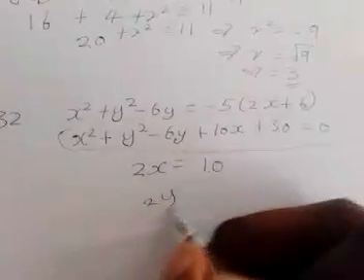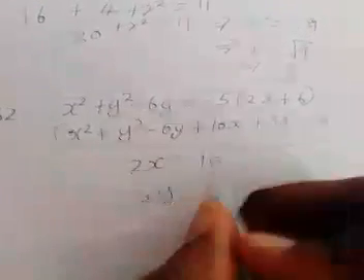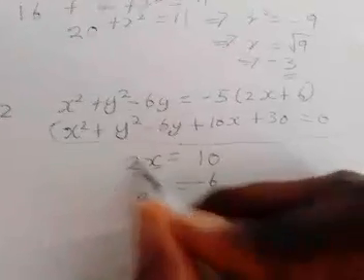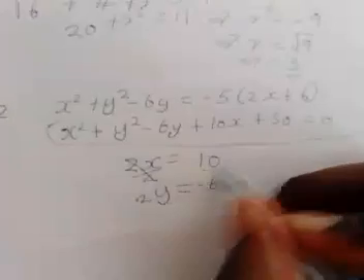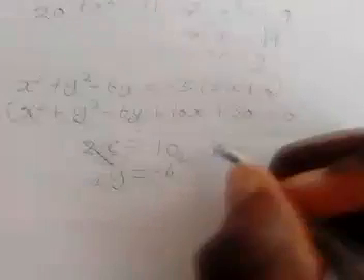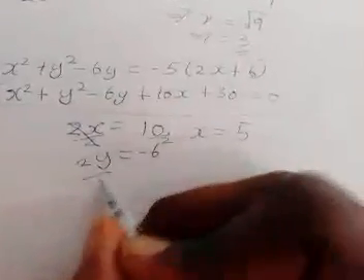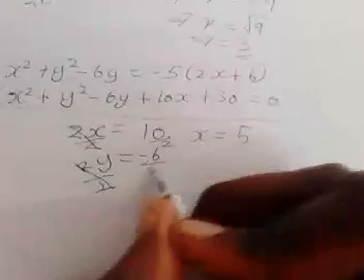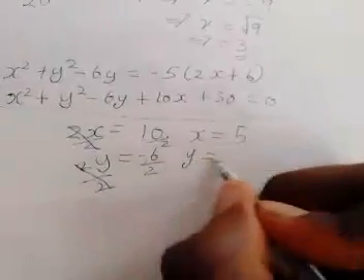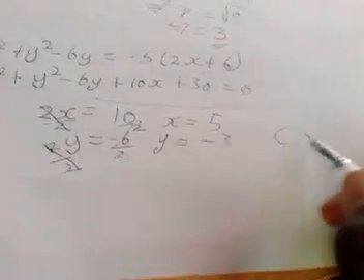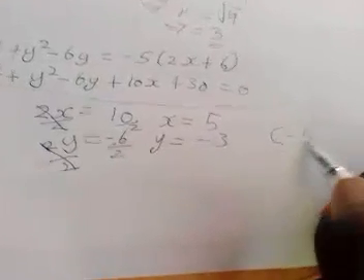And 2y, the coefficient of y is negative 6. So dividing both sides by 2 to make x the subject and get the value of x, 10 divided by 2 is 5, and get my value of y. My y value is negative 3. So you know what my third step is? Can you remind me? Yeah, my third step is I reverse their signs.